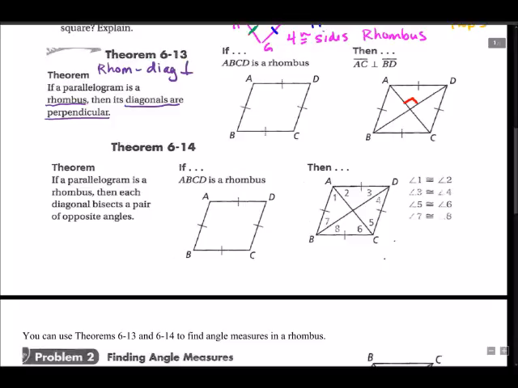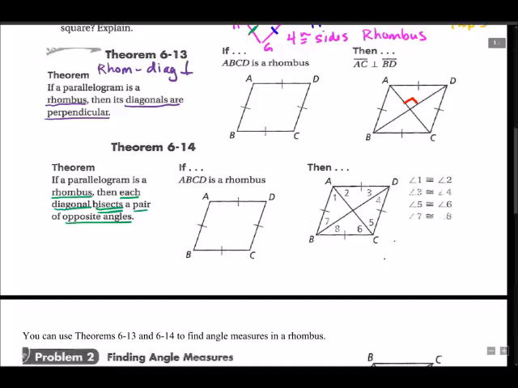All right, what's next? Ooh, another one about rhombuses. If a parallelogram is a rhombus, then each diagonal bisects a pair of opposite angles. A lot of words there. So we have our rhombus. And then what happens?